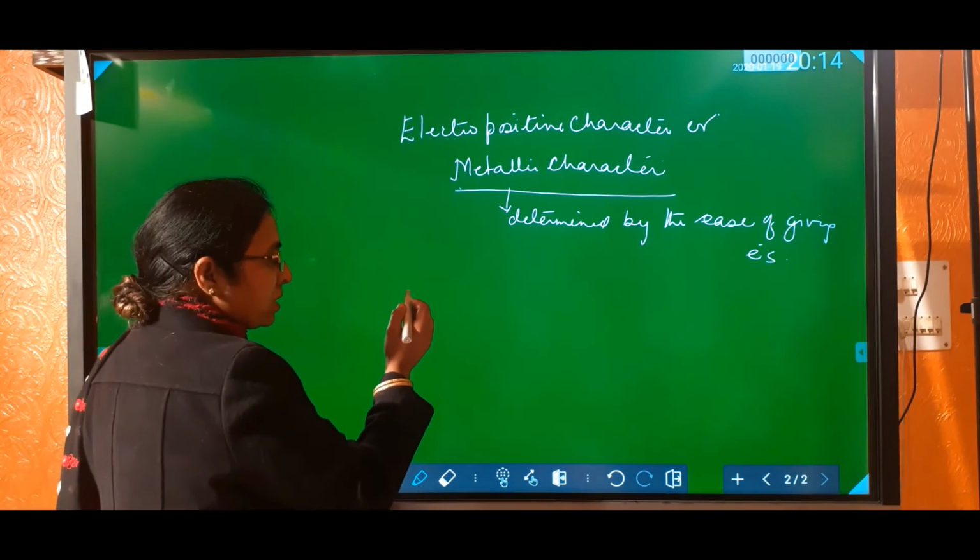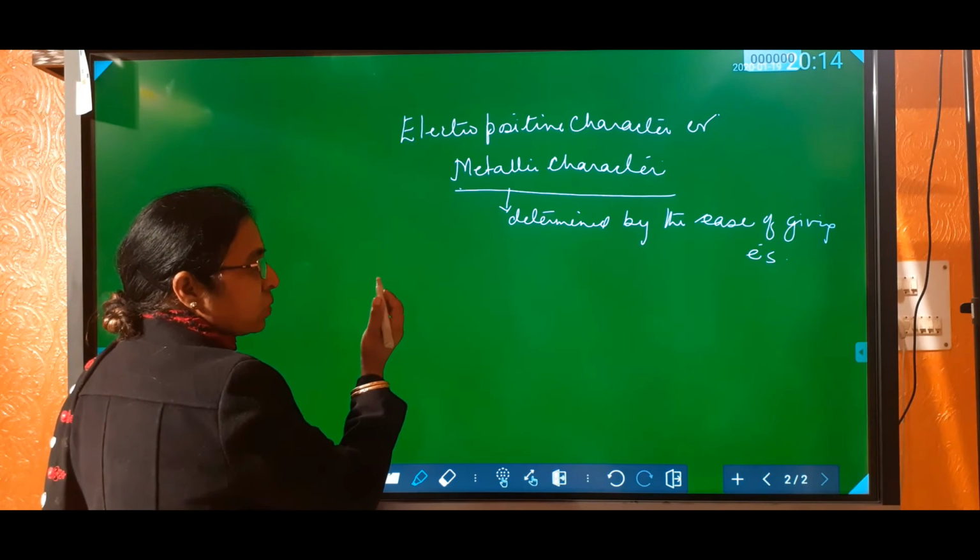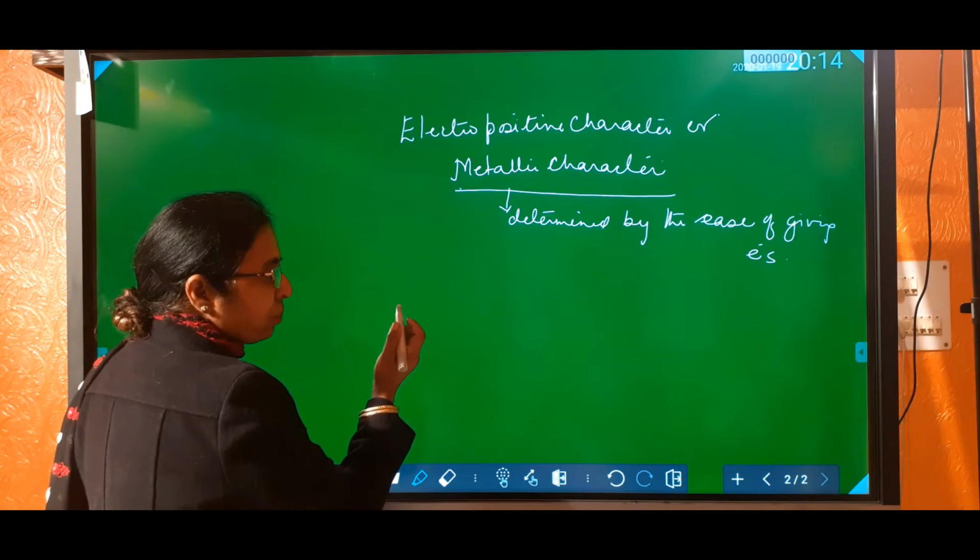Now, let us look at the elements on the left side of the periodic table.